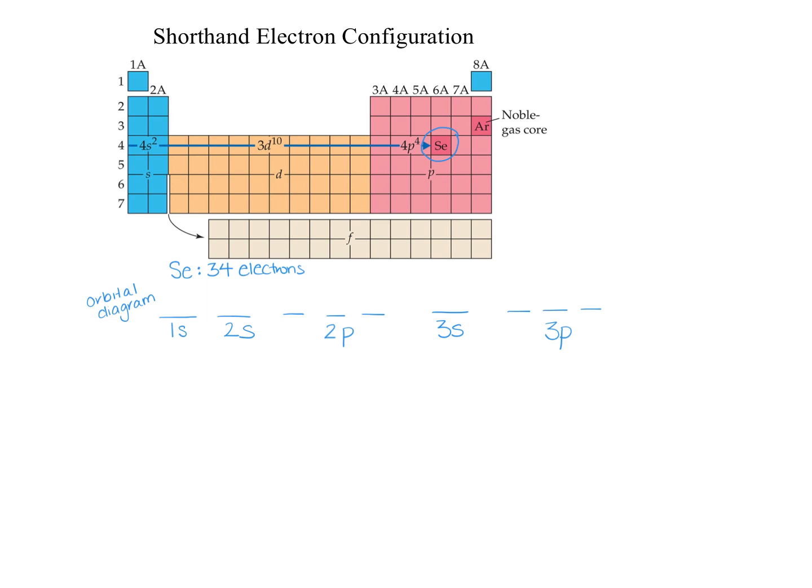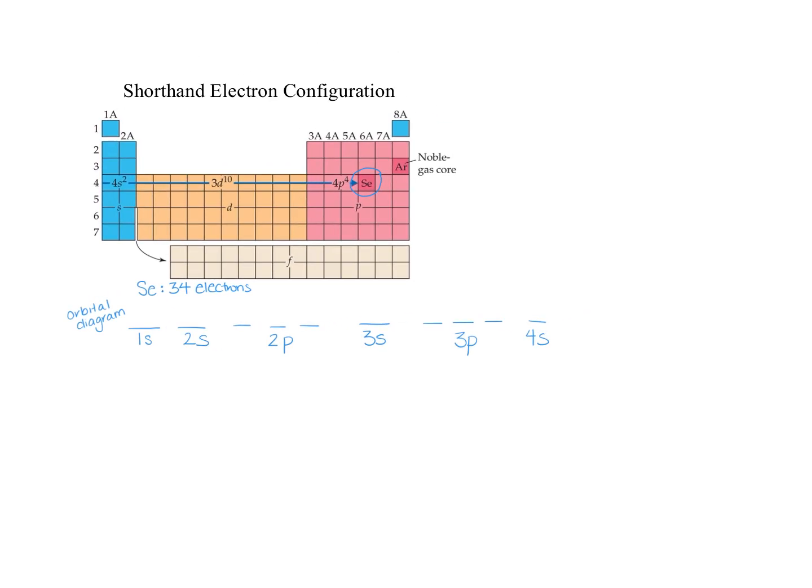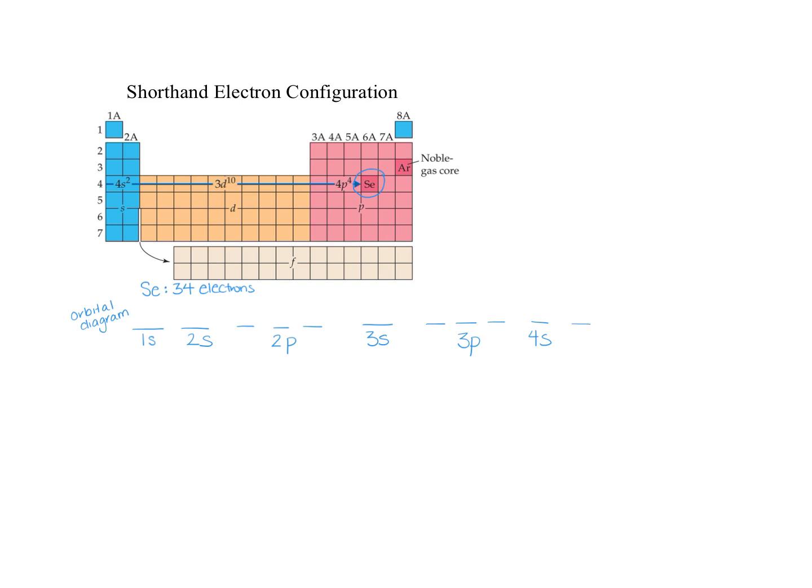And so I'm going to go ahead and write those down. And I just want to check to make sure that I didn't leave anything out. And it looks good.